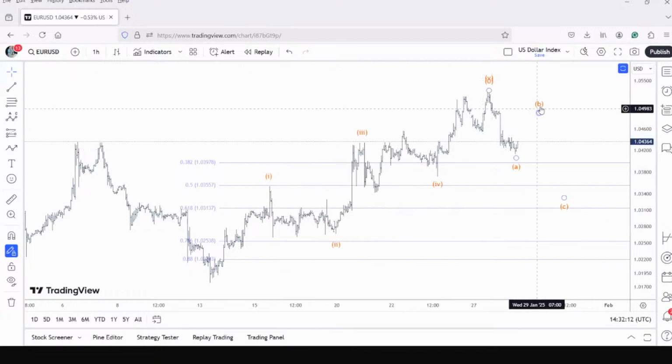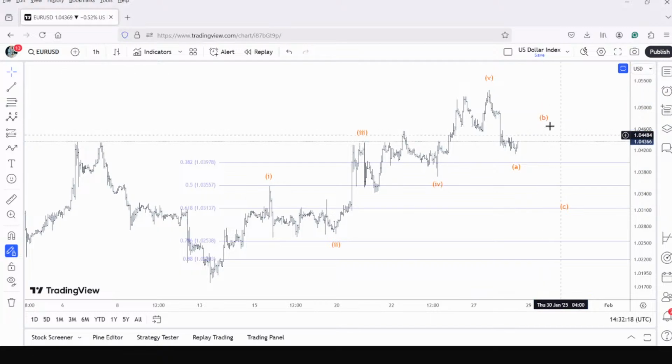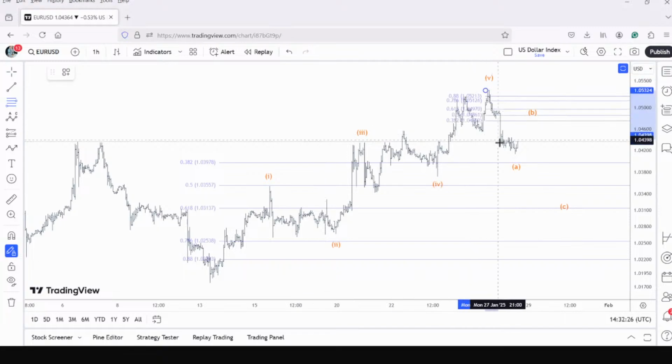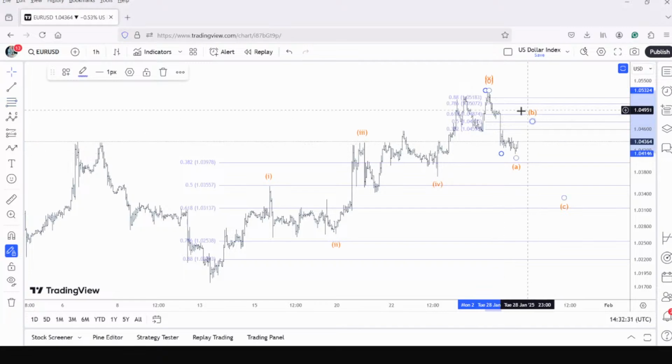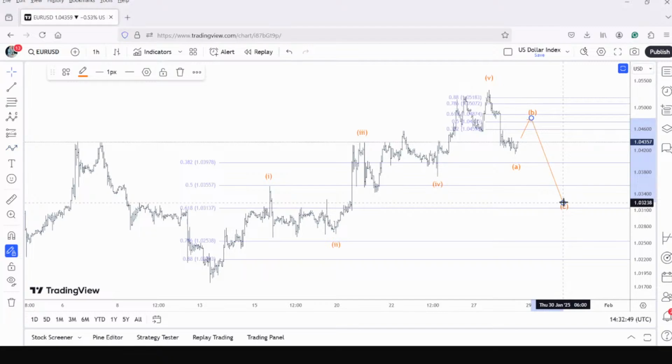So probably wave B should be on its way soon. The next stop would be the 50% retracement, and the 60% retracement is coming around the 490 zone. So let's wait for a rally to materialize. It goes up there, completes wave B, and then a turn lower to wave C.